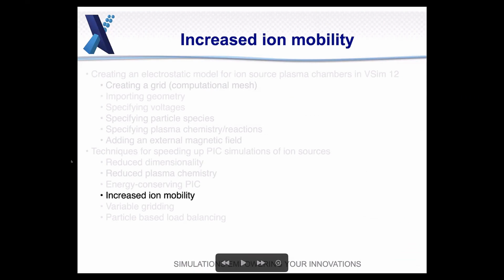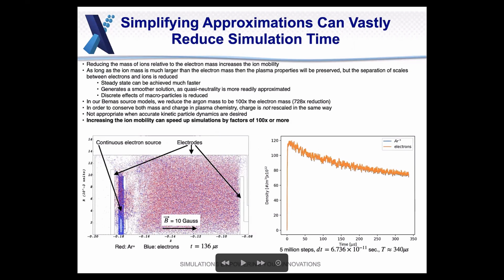Another possible way to speed up your simulations is increasing the ion mobility. That's just a fancy way of saying reducing the mass of your ions. This works as long as the physics of the ions is slow compared to the physics of the electrons.